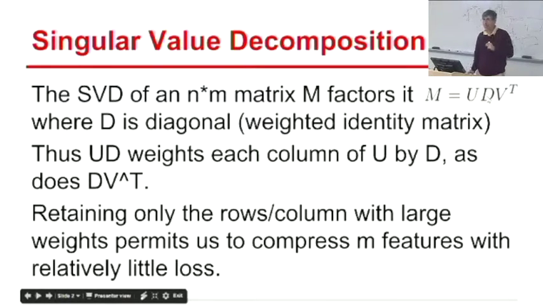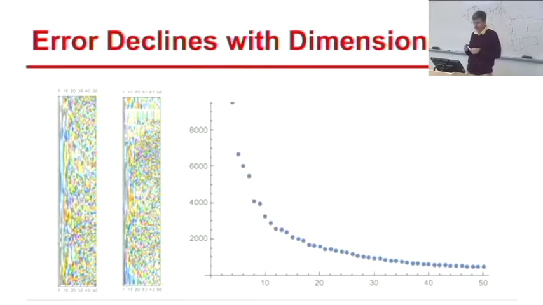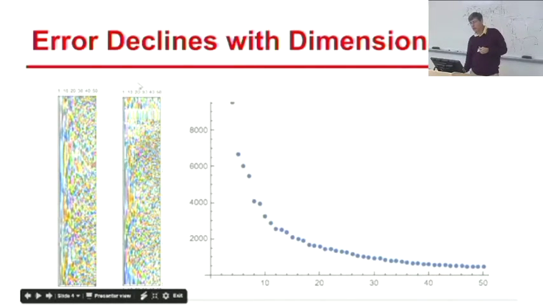So we can identify, using the values of D, which are the most important rows and columns, and represent the entire matrix by just using the most important rows and columns.